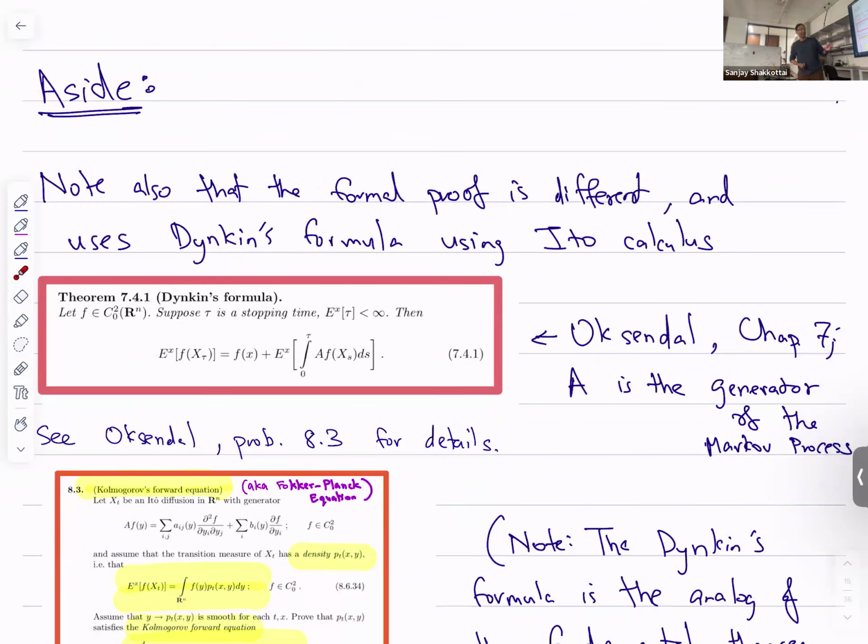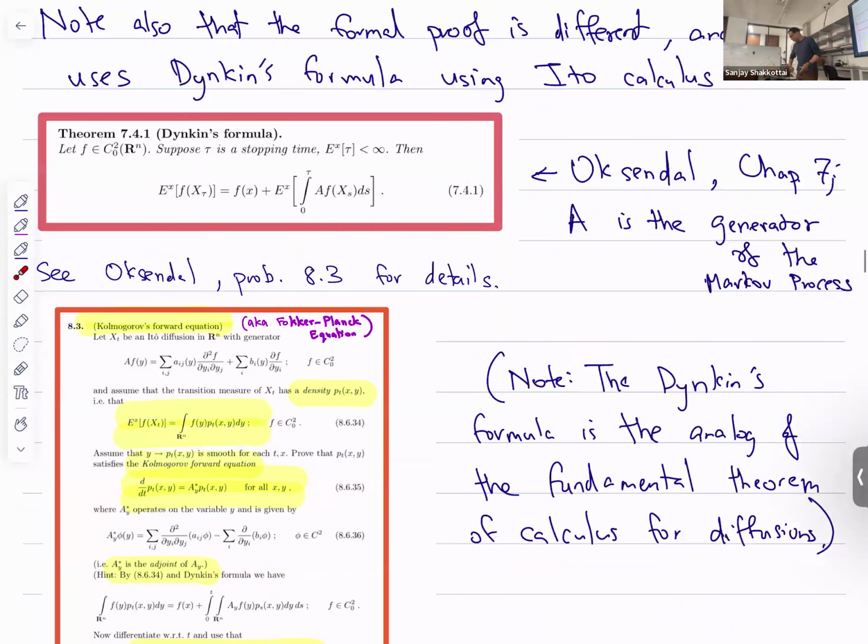Really, what you need is something called Dynkin's formula. You go through Ito calculus, and Dynkin's formula is the equivalent of the fundamental theorem of calculus for stochastic processes. What's the fundamental theorem of calculus? F of B equals F of A plus the integral from A to B of F prime dx.